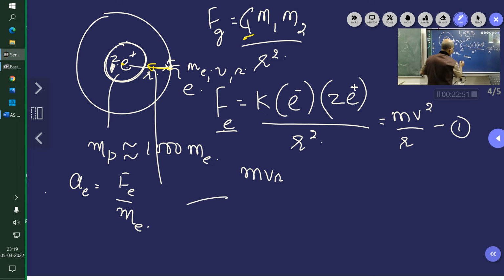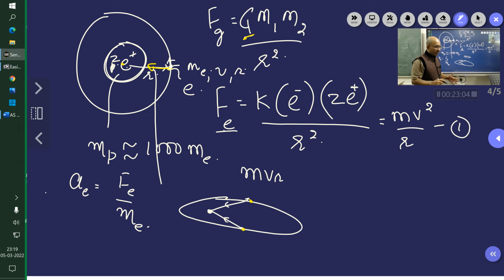That means if you take, this is the elliptical orbit of Earth, and this is the Sun. Whether the Earth is here or here, the force is always along the radial direction. And as you know, this is called a central force. So as long as the central forces are acting, the angular momentum is conserved.